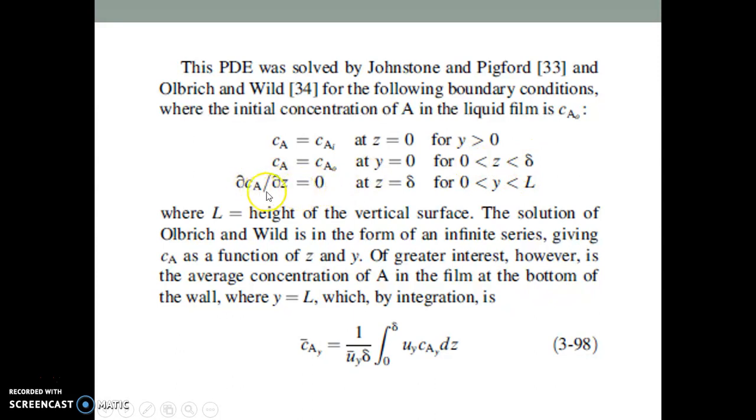And the third one is dC_A over dZ equals 0 whenever Z is equal to delta, for Y in between 0 to L, where L is the height of the vertical surface.